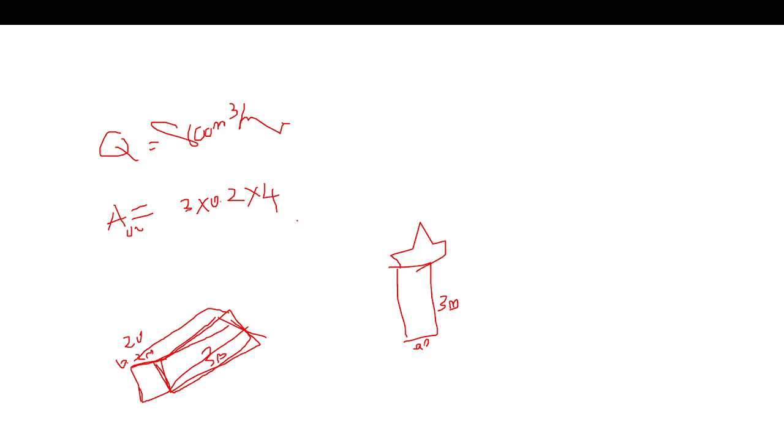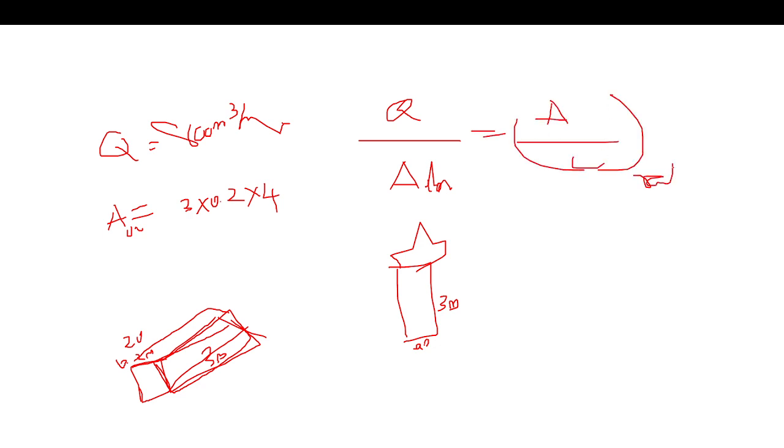Okay. And Q is given. Total area A total we don't know, because that will be the A by C ratio, and that also is not given in the question. Only Q is known, and V they have given us, 4 meter per minute.